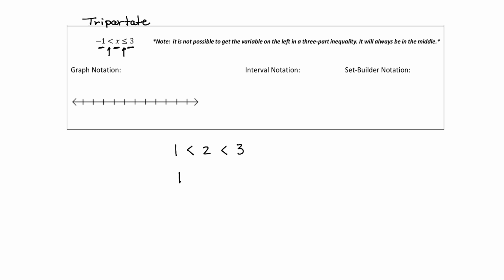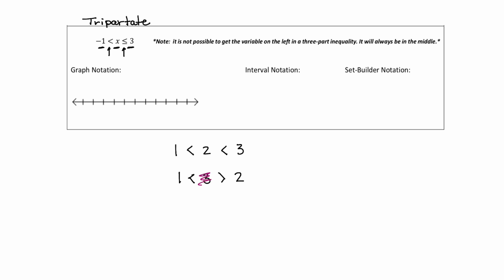So if I were to put the 3 in the middle and the 2 out here, okay, so less than, greater than. Okay, so if I scratch out the 1 and take its symbol, 3 is greater than 2. Yep. If I take the 2 out and leave the 3 and the 1, 1 is less than 3. Yep.